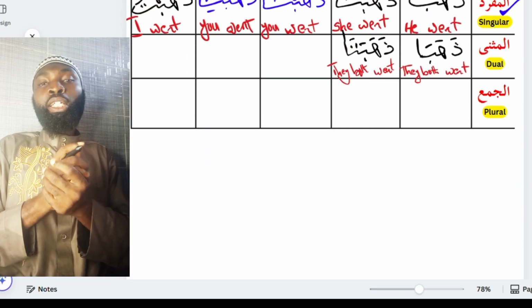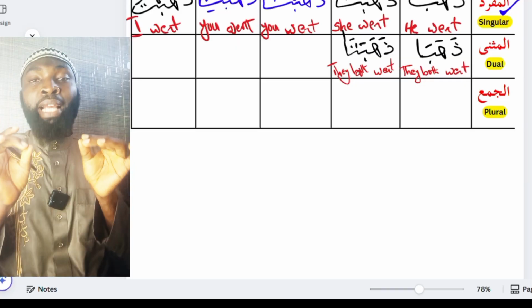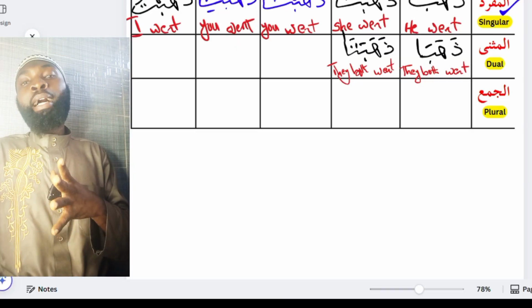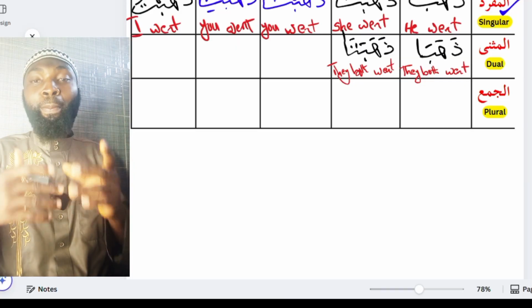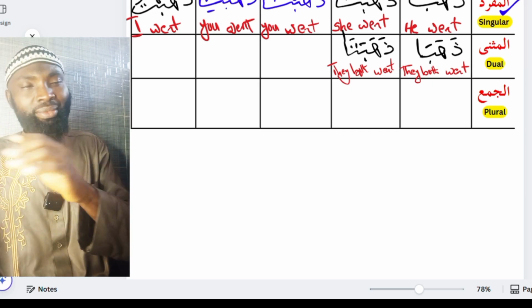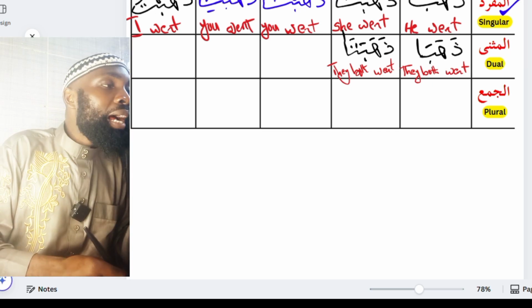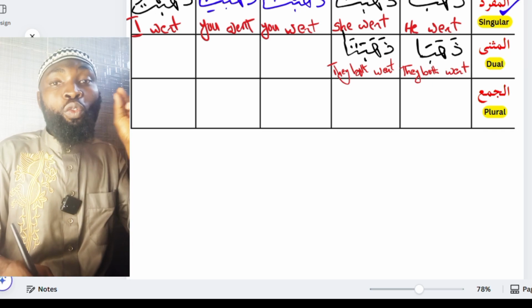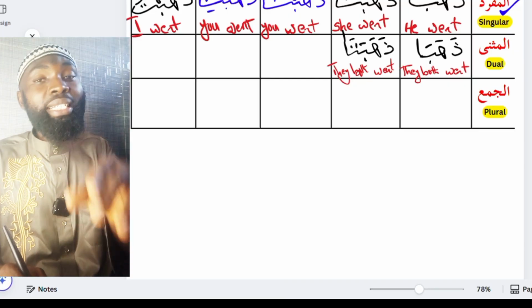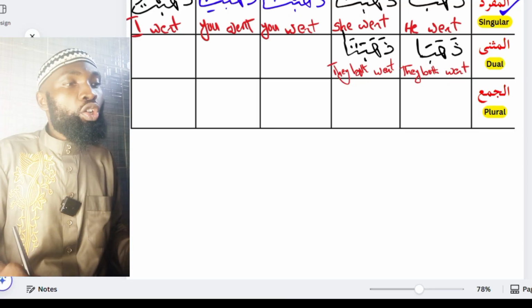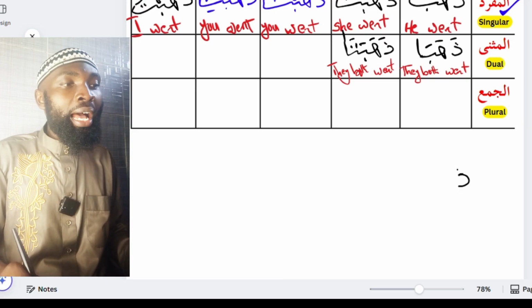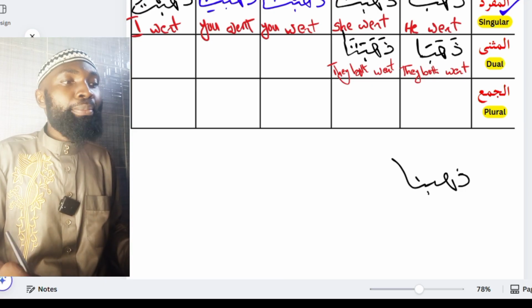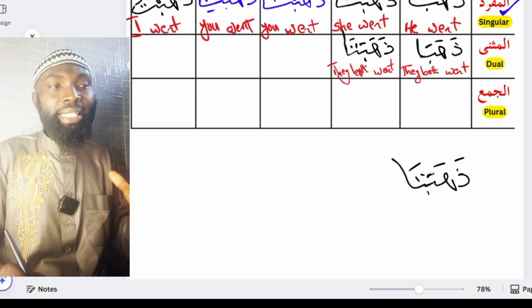So you can say Aishatu wa Mariamu dhahabata. Aisha and Mariam both went. Is this clear? If you were to have the verb fa'ala, I want to conjugate it so that it can sound the same way. It is easy because we have dhahabata, which means both of them females went.